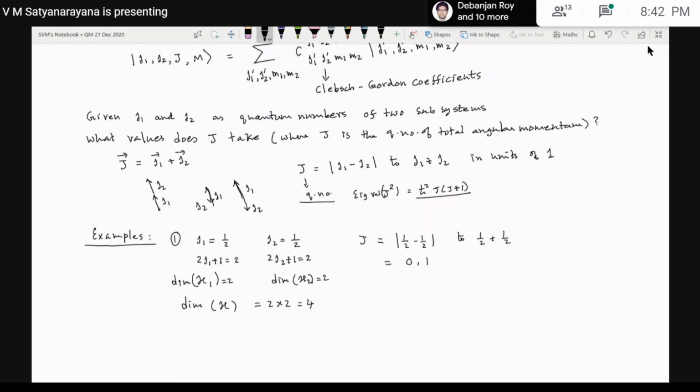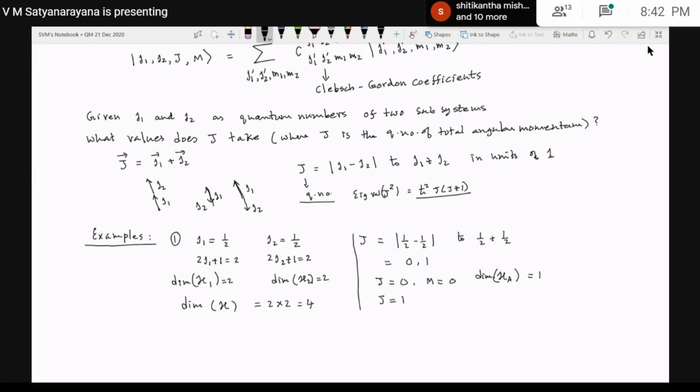Now if you look at this one, let's say j is equal to 0. So j is equal to 0 means your m is equal to 0. So let me call this HA. So you have a Hilbert space, and the dimension of the Hilbert space corresponding to capital J equal to 0 is one dimension.